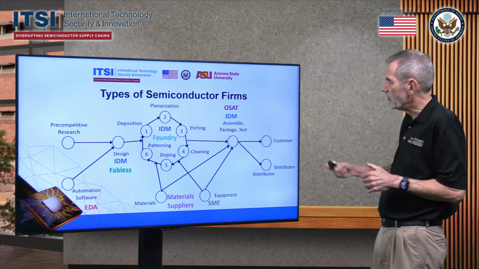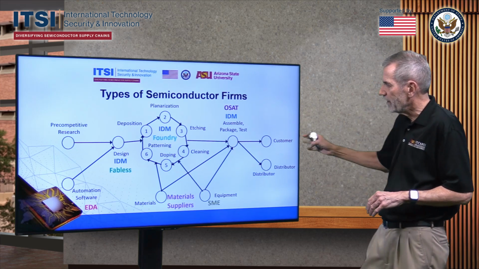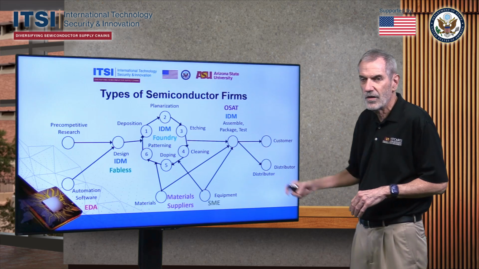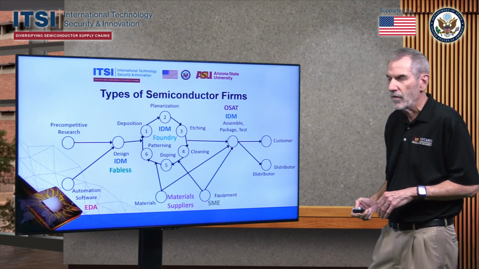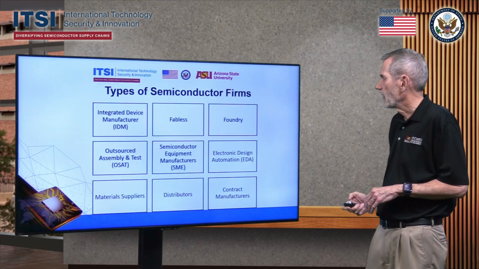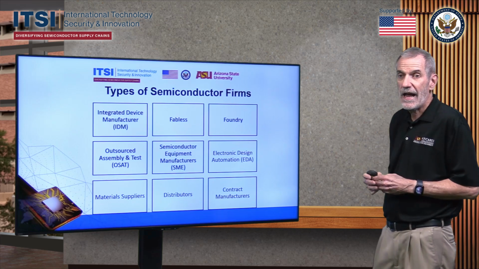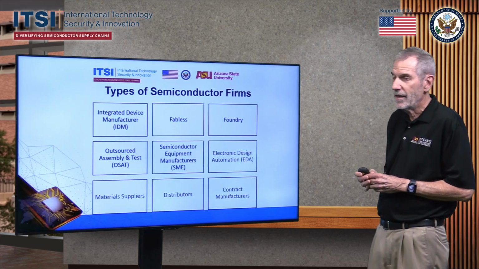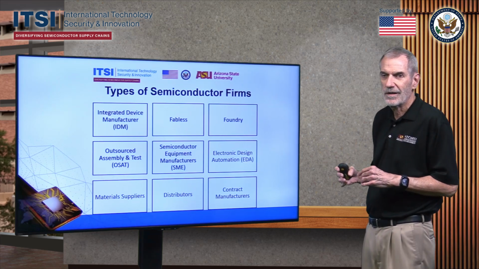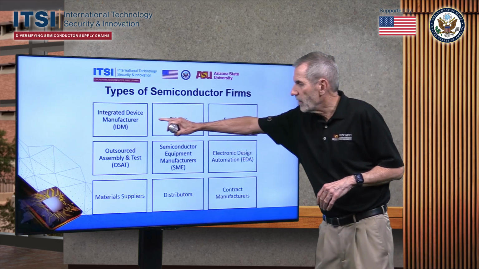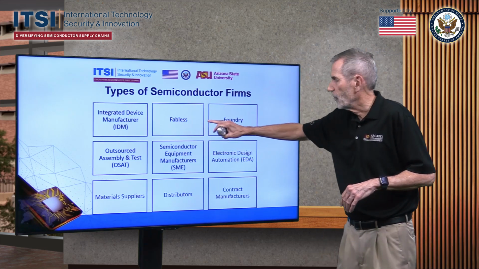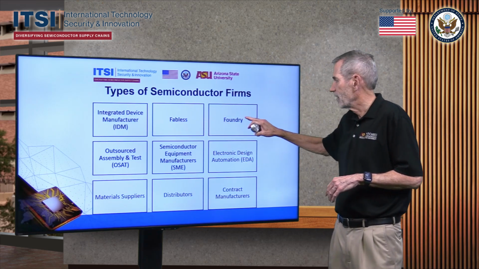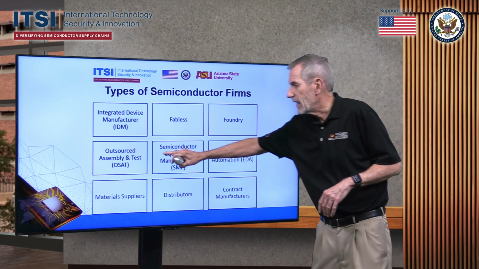Okay, so this chart, and I'll leave it for you to look at later, just identifies all those different pieces that I talked about and where they are in this overall supply chain. All right, so this shows the different types of semiconductor companies. It's not completely exhaustive, but it covers the bulk. So we've got the integrated device manufacturers, fabless companies, the foundries, the OSATs.